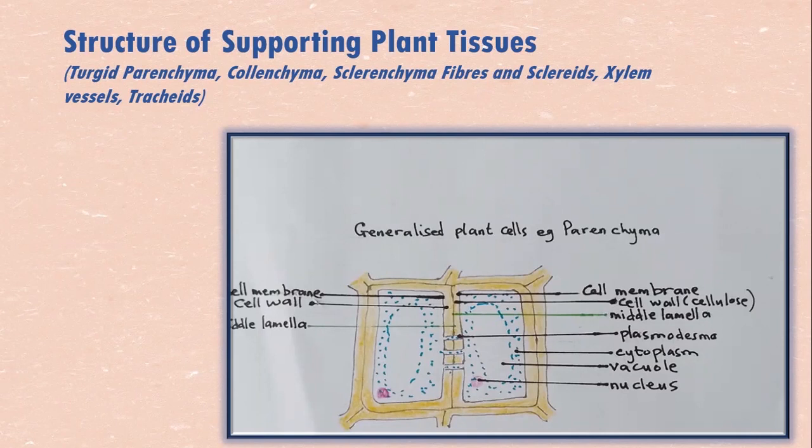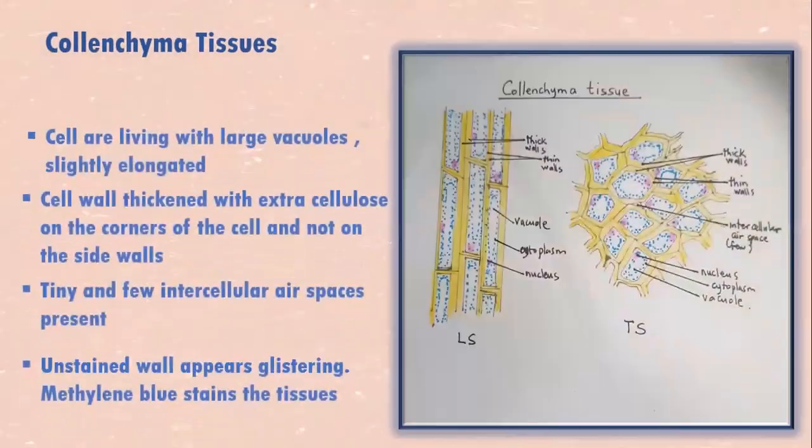We'll look at this again, but let us look at collenchyma tissues. Collenchyma tissues, well, they are also living. The cells have cytoplasm, nucleus, and vacuoles, just like parenchyma cells, but collenchyma cells have extra thickening in their radial walls.